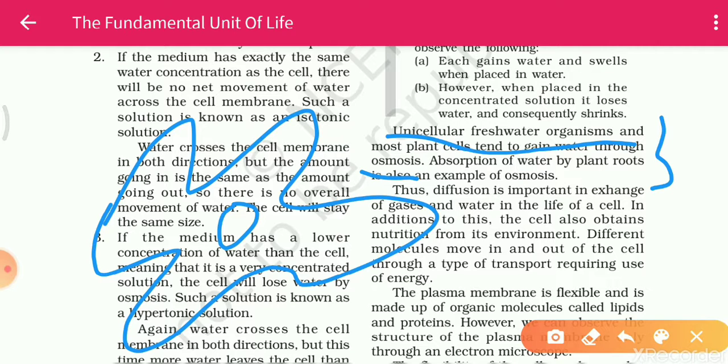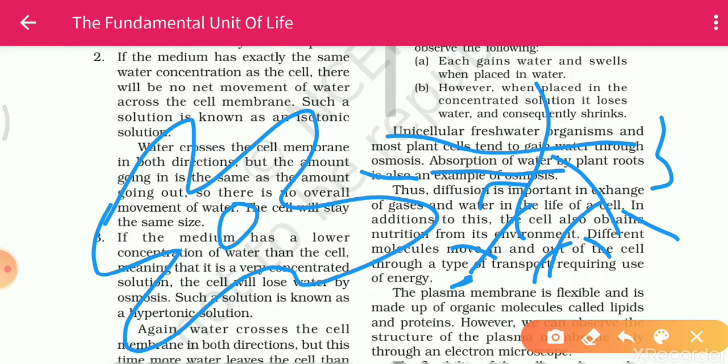And for plant cells, suppose this is the plant cell and this is the root, the plant's roots can also absorb water with the help of osmosis. You will see here, absorption of water by plant roots is also an example of osmosis.